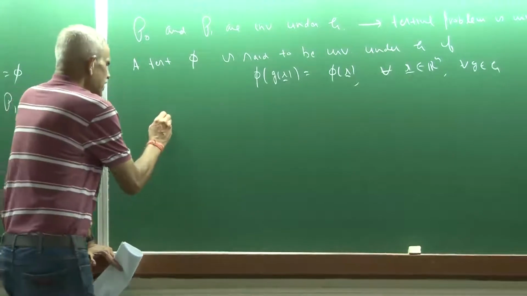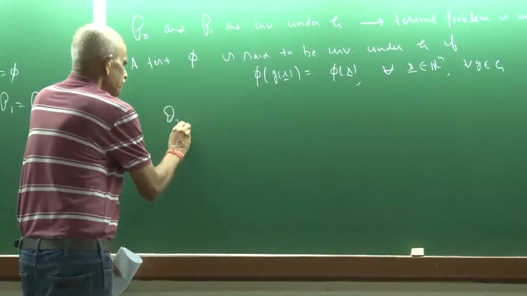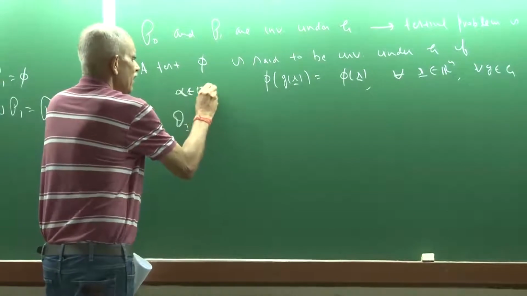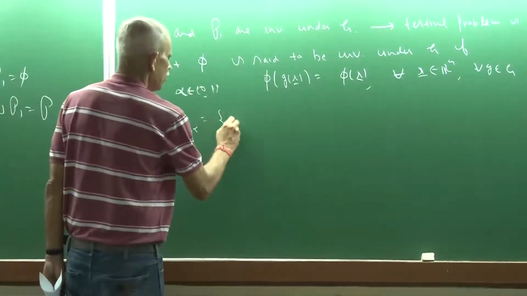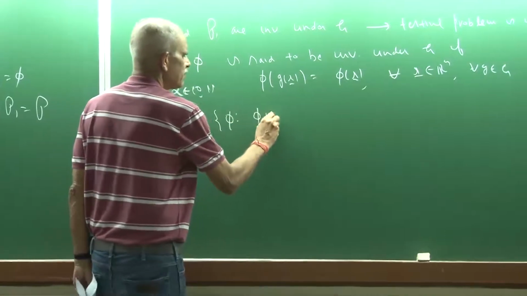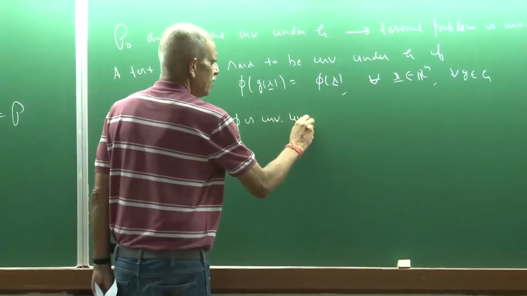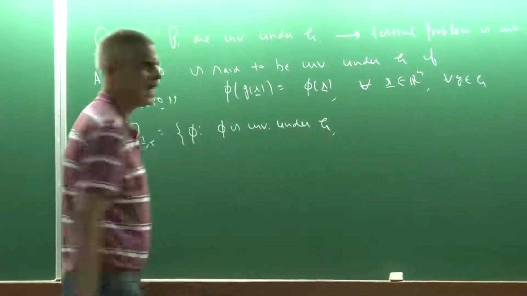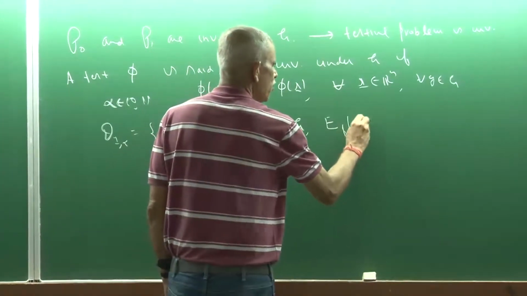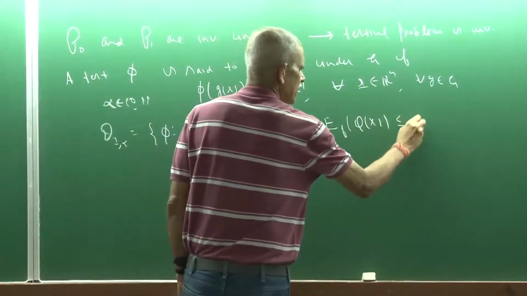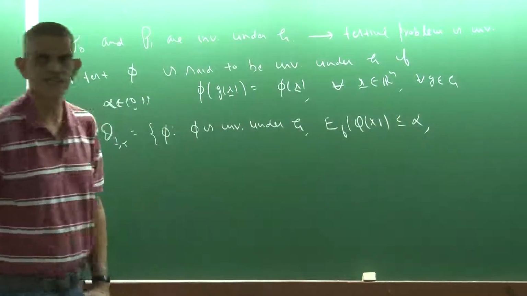So I denote D_alpha, where alpha is a given level of significance. I define D_alpha to be the collection of all those phi such that phi is invariant under G and has level alpha. That means the probability of rejecting H0 is always less than or equal to alpha for every f in P0.